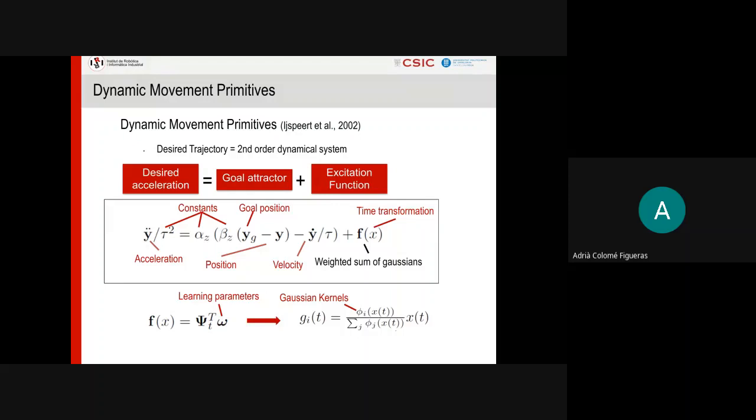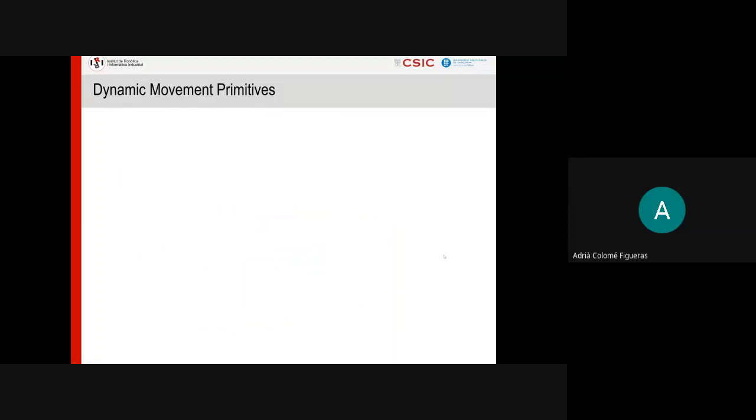So with this setup, it is very easy to find these learning parameters for every trajectory by doing least squares or other approaches. And given a robot motion, we can fit these parameters and then build a distribution and generate new samples and try to do more trajectories.